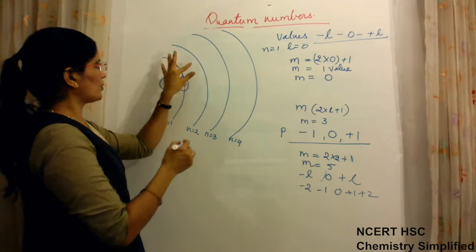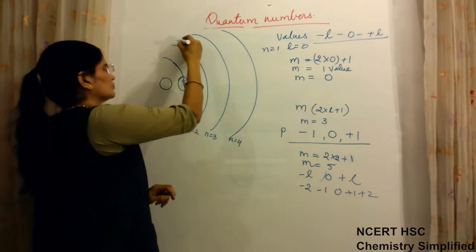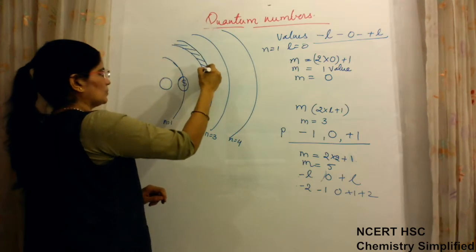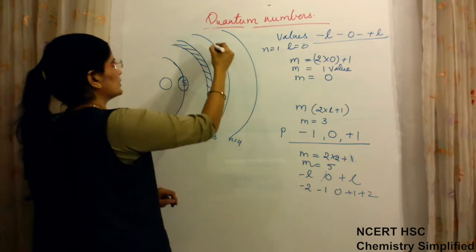N is equal to 2. This is a shell from outside. This is one shell.